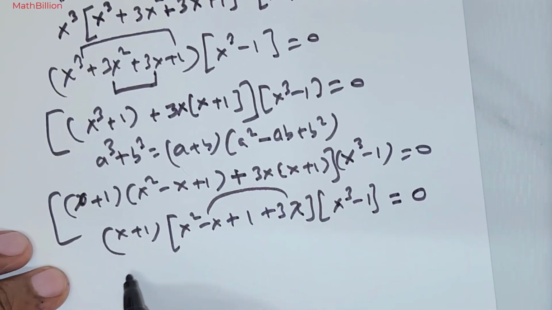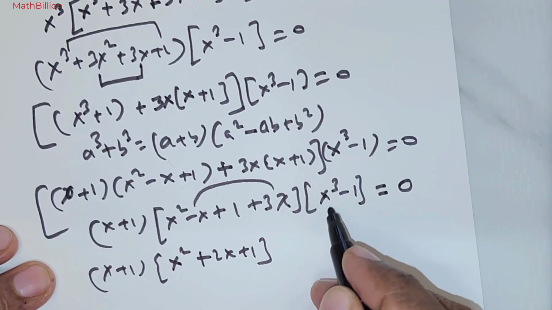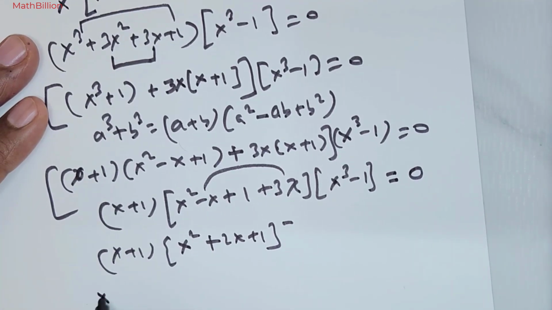Now I can add these two together. This is going to be (x + 1)(x^2 + 2x + 1). Now you have x^3 - 1, right? So this is similar to x^3 - 1^3, which is the a^3 - b^3 formula.